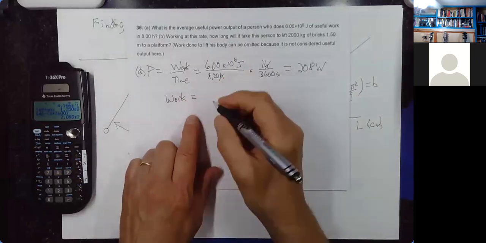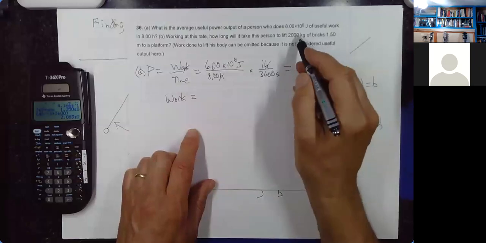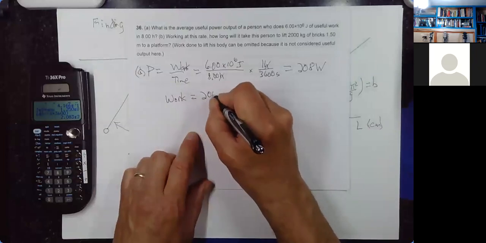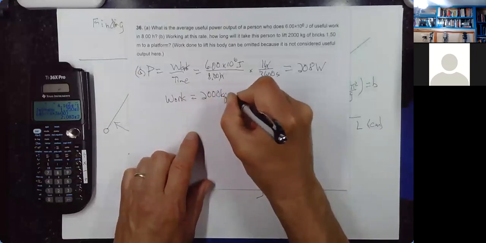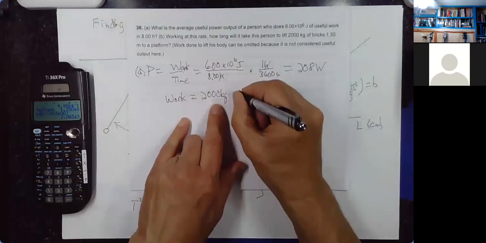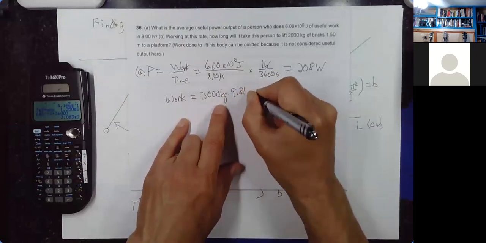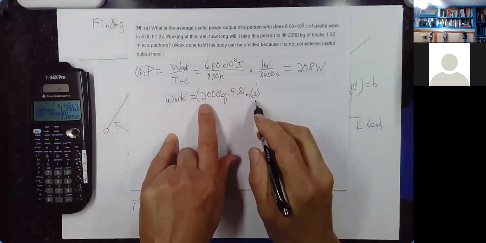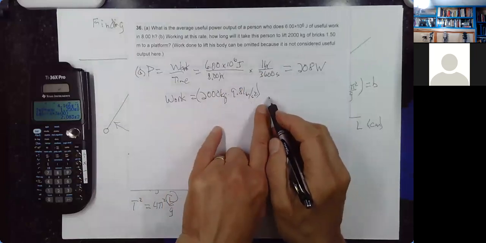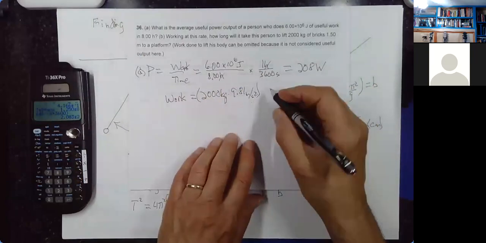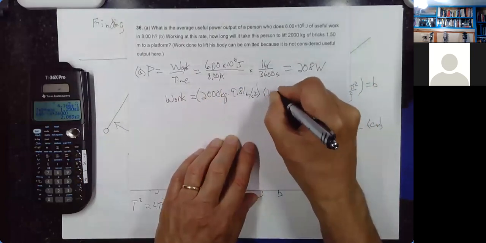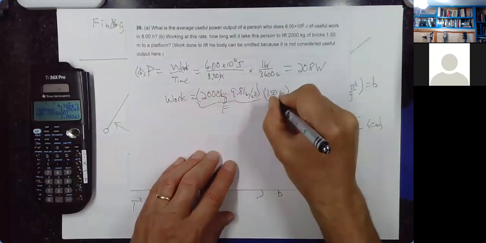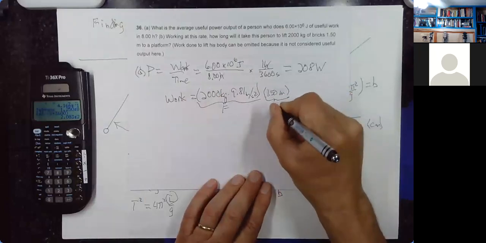It's going to be the force you have to exert, which is the weight of 2,000 kilograms of bricks, times, well, that's just their mass. I have to multiply that by 9.81 meters per second squared to get the weight of them. So there's a force times the distance that you have to lift them, 1.50 meters. So here's the force, here's the distance. Work is equal to force times distance.